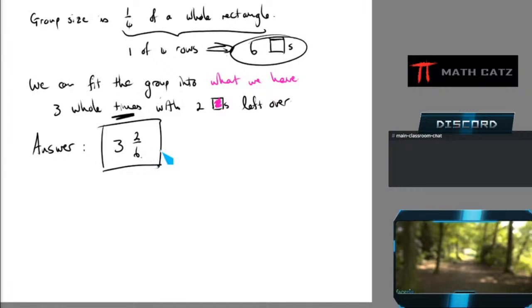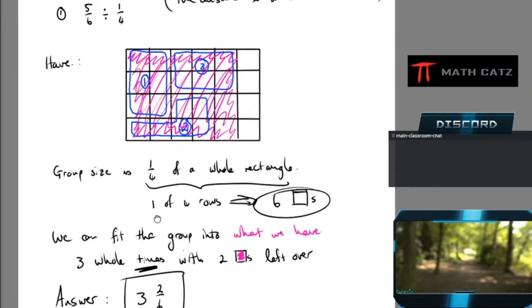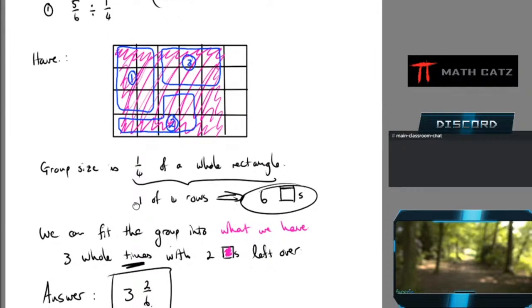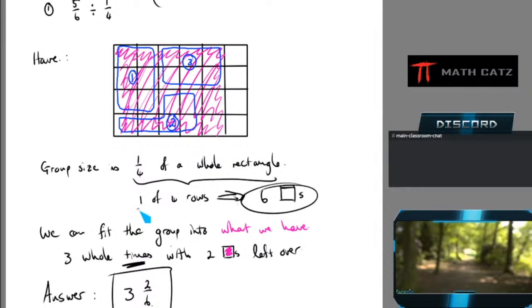Let's try and zoom out and see the whole thing. I can do what they say I should do, this fitting in procedure, 3 whole times, and then another portion of a time, so to speak.